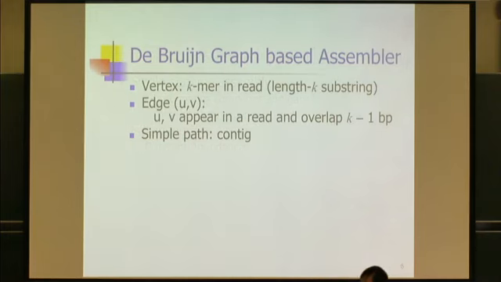So this afternoon, we had some people describe the de Bruijn graph. You break up the read into k-mers, and there is an edge between two k-mers if they appear in the same read and overlap by k-1, and the simple path will represent the contig.